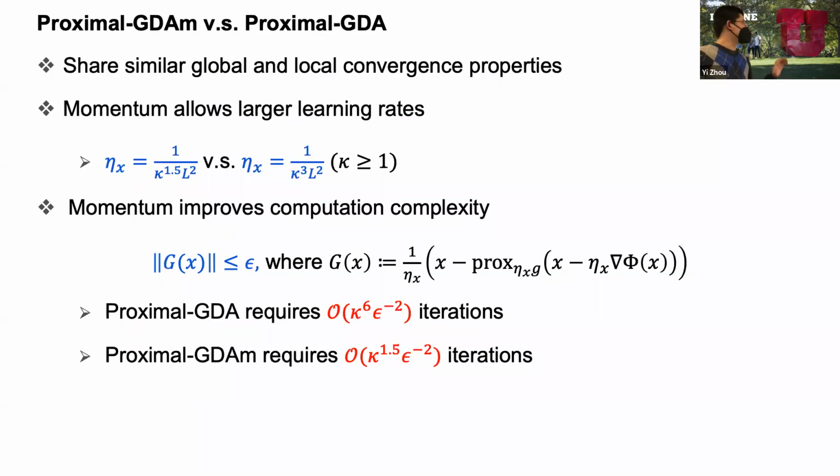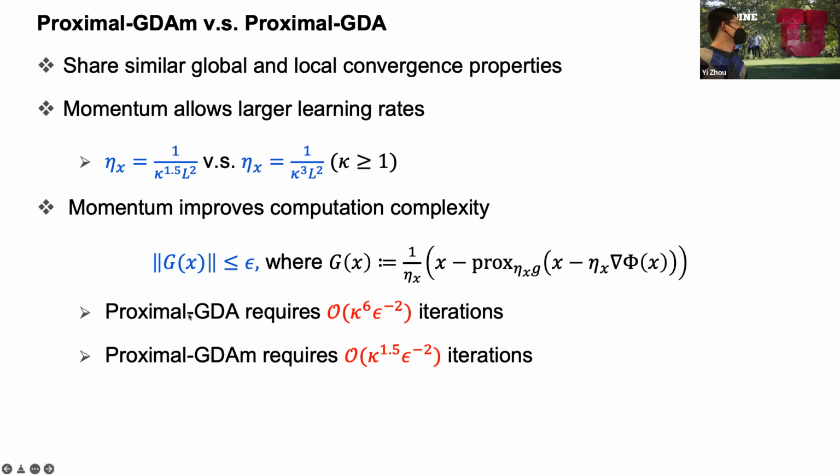In particular, we can show that with this potential function, this algorithm is allowed to use a larger learning rate. And this will further improve the iteration complexity of this algorithm for achieving an epsilon accurate stationary point. You can see this by comparing the complexity of this algorithm with the proximal GDA.